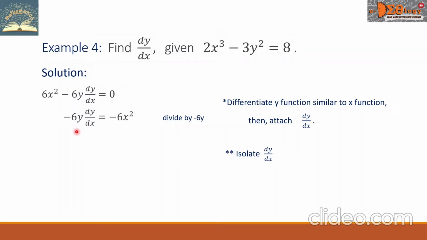In this example, it is a negative 6y. When we do that, dy over dx will be alone equals the negative 6y comes as the denominator of the fraction on the right side. We can simplify further by simply cancelling the negative 6 in the numerator and denominator respectively. Finally, dy over dx equals x squared over y.